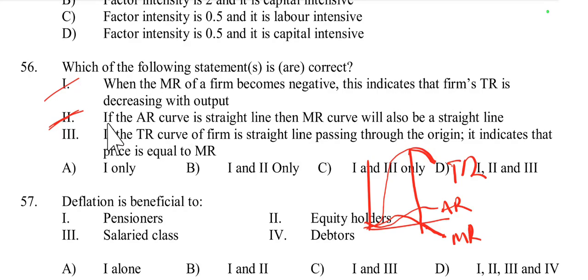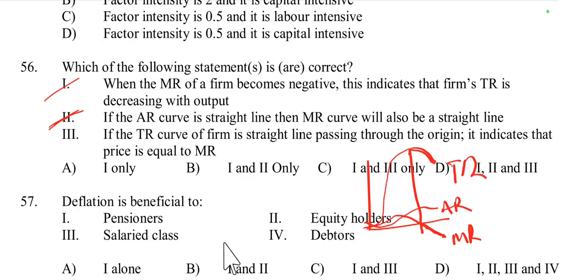So one is right. Then second one is also correct, because if the average revenue curve is a straight line, then typically the marginal revenue curve is also a straight line, but not identical with the AR curve. It is not similar but a straight line.